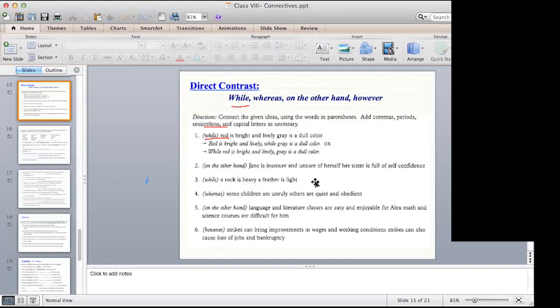Language and literature classes are easy and enjoyable for Alex, full stop or semicolon. On the other hand, comma, math and science courses are difficult for him.